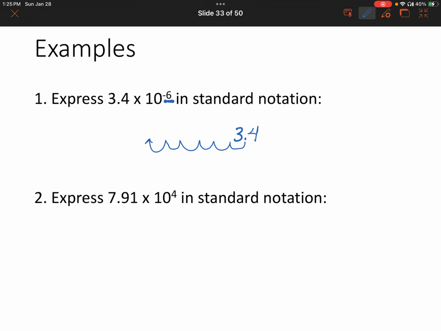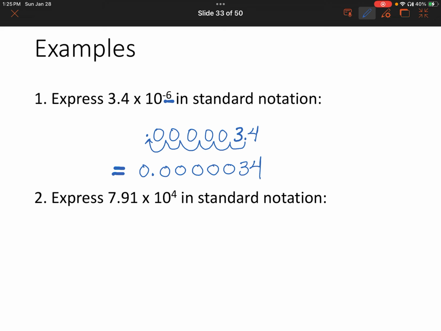Now all of those places will be filled with zeros. And then my decimal will now be next to the last 0 there, or the first 0, depending on how you look at it. So this is equal to 0.0000034. So we've got 1, 2, 3, 4, 5 zeros in there. And again, this just shows how much easier it is to write the value in scientific notation.